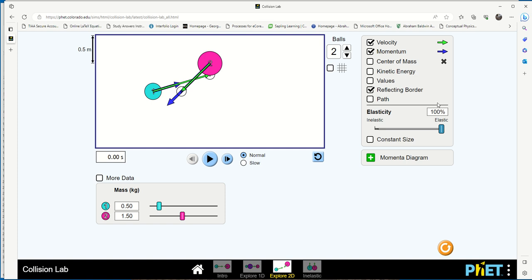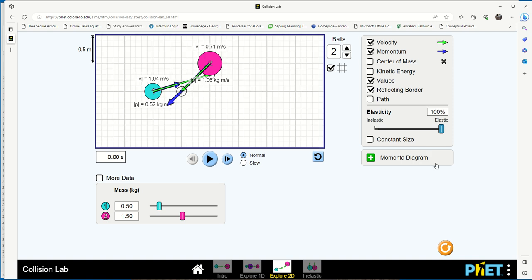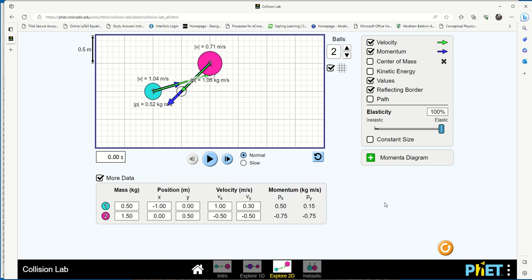Remember, for an elastic collision, the KE is conserved. And we want values, see? And then I like to look at the grid, okay? And then make sure, again, elasticity 100%, meaning it's a purely elastic collision. And then I like to click more data. And then here your speeds, you probably want to do slow.